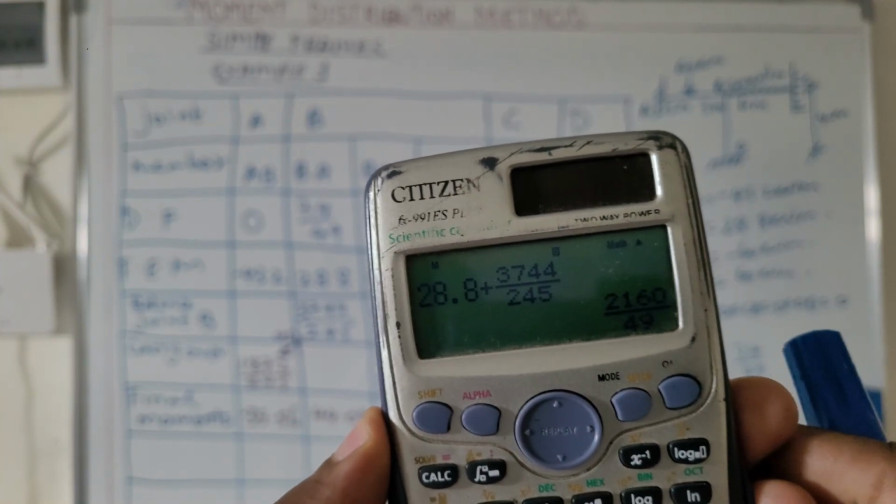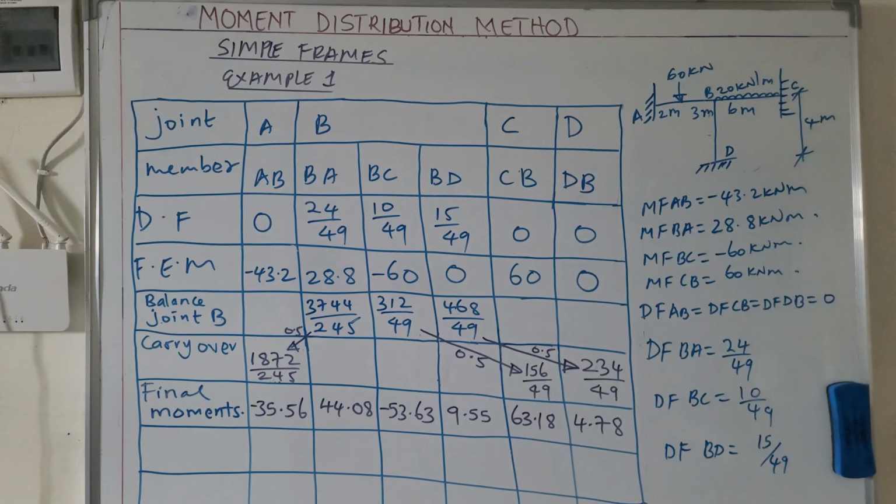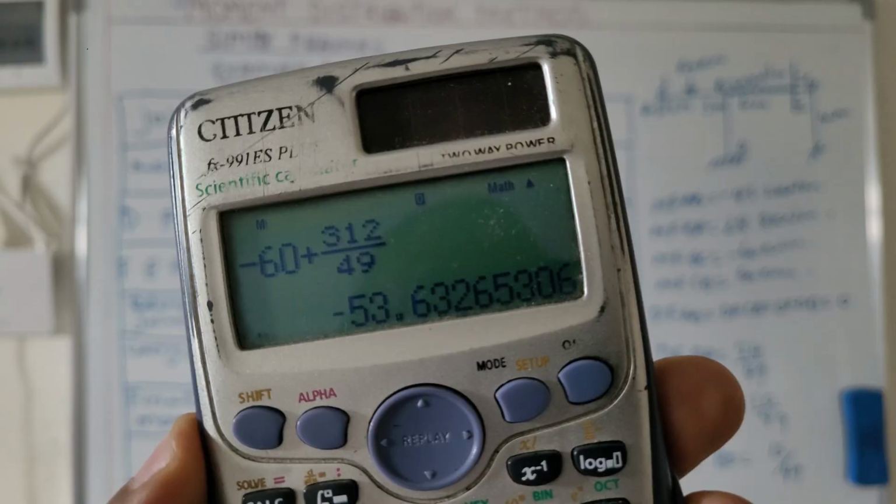Because we want our answer in decimal places, that is 44.08. Again, you take this one. Negative 60 plus 312 over 49. So the answer is 53.63.